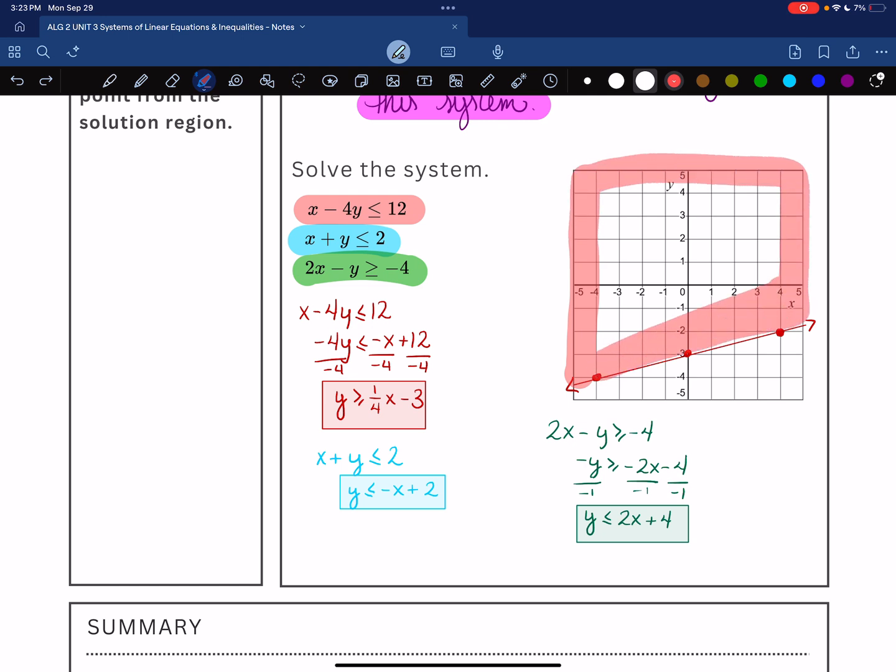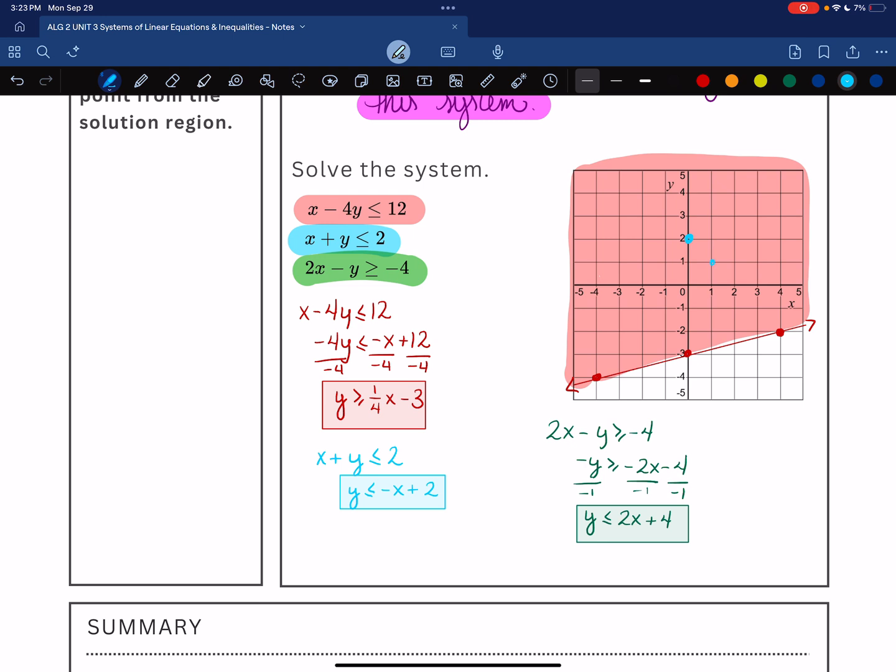If you're just using pencil for all this, it's going to be really hard to tell the difference in all 3 of your shadings. Okay, now blue. We begin at 2. Oops, I'm so sorry. I need my pen. There we go. And then move according to your slope. That's down 1 because it's negative.